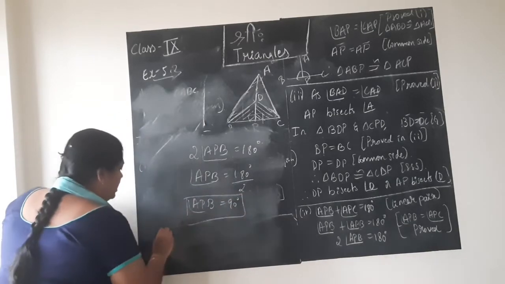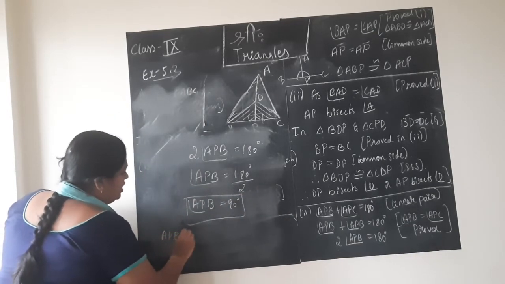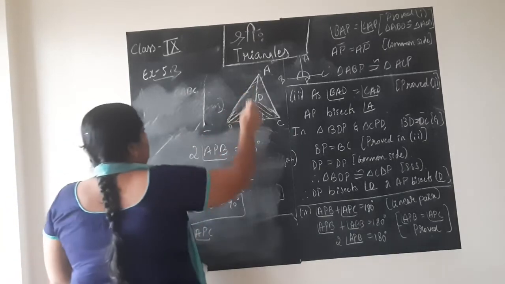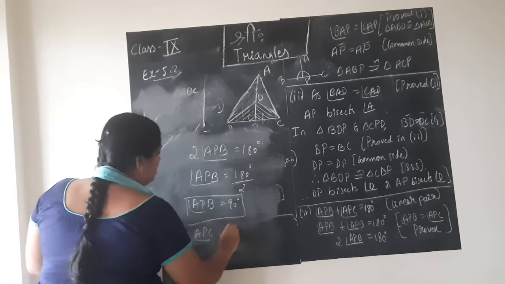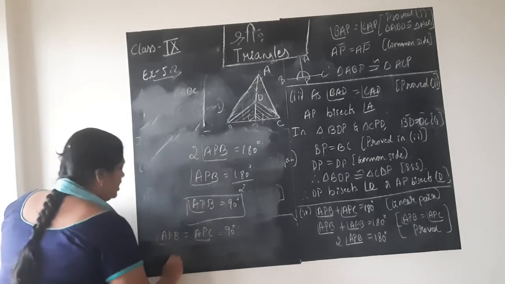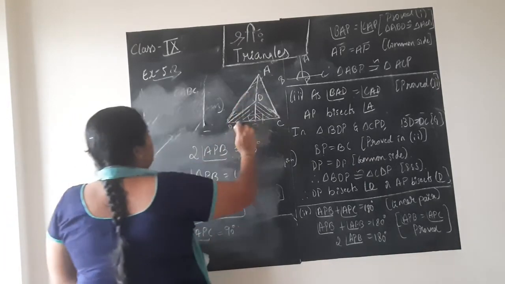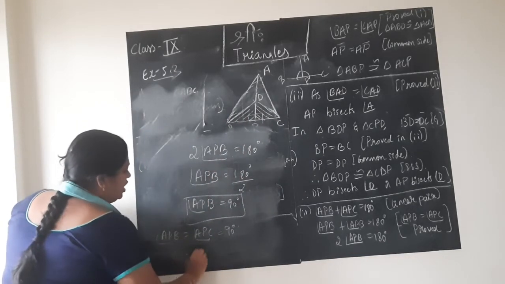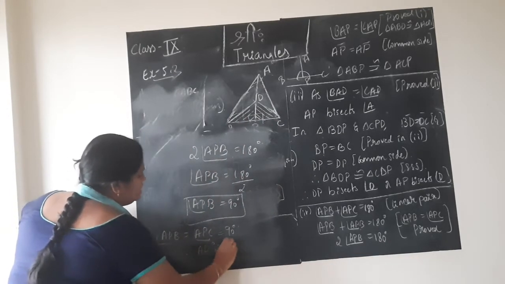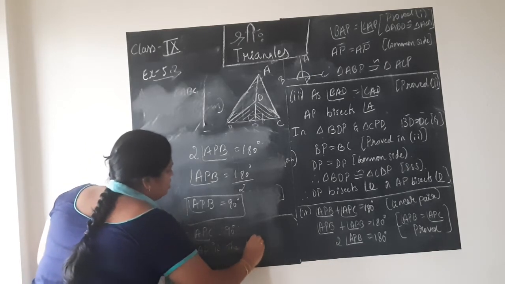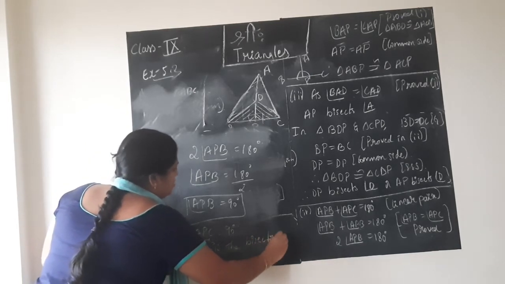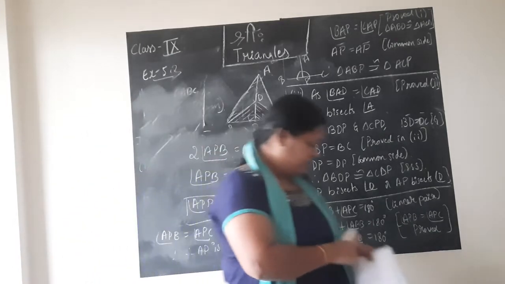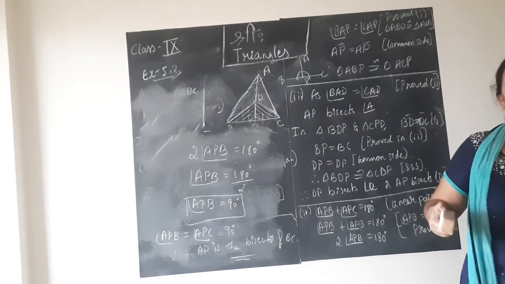If we get angle APB 90 degrees, then angle APB equals angle APC, both are equal to 90 degrees. If both are equal to 90 degrees, finally we proved angle P is 90 degrees. Therefore, AP is the perpendicular bisector of BC, and you write that one line, which completes the problem, children. Like this you need to solve.